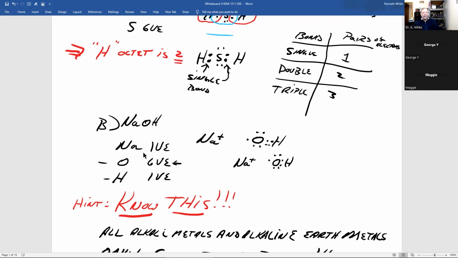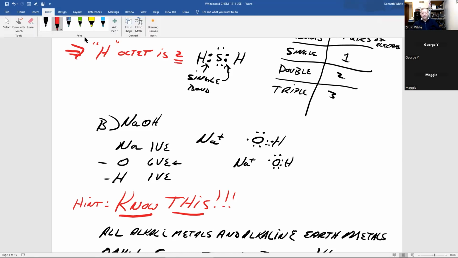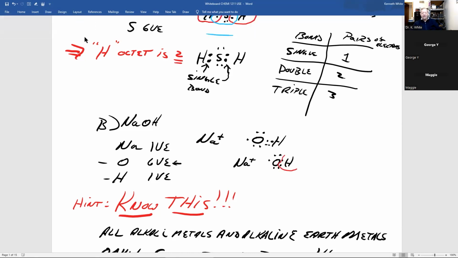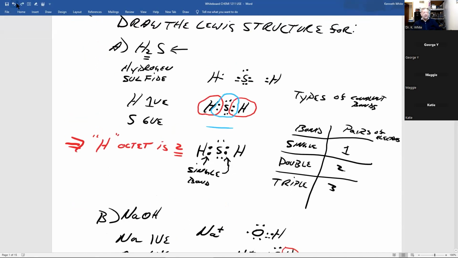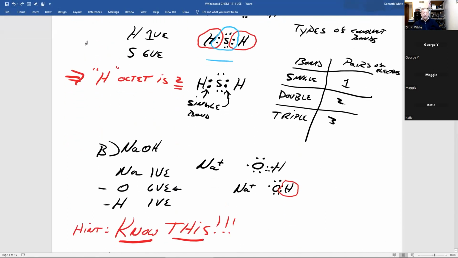Let's check. Hydrogen has 2 valence electrons being shared right here. Oh, that's good. Now, I'm going to remove that circle. Well, a better way is an eraser.